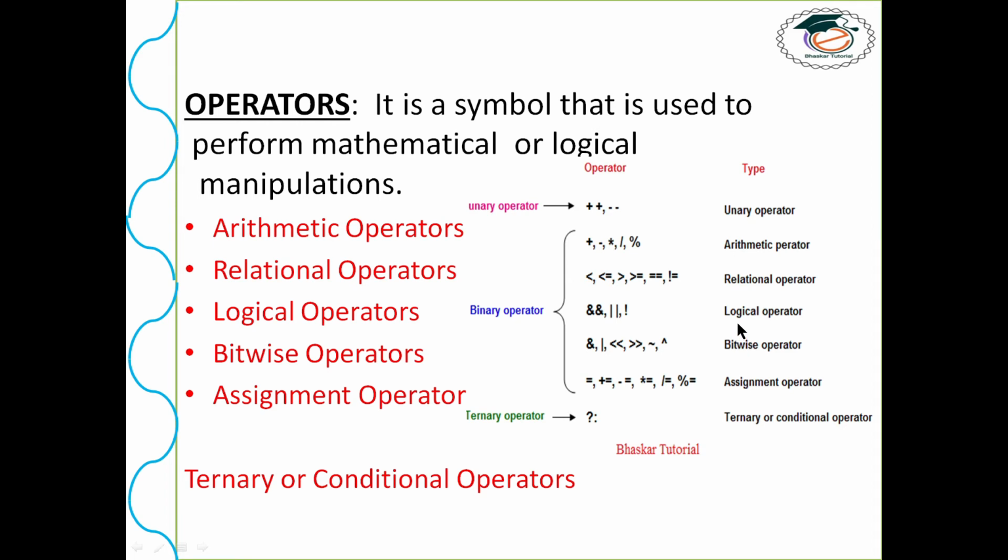You see here in binary: arithmetic, relational, with all the signs there; in logical, all the things are in double, and there is the exclamation sign; in bitwise there are parentheses and many more; and assignment operator. Just have a look and keep a note, or you can screenshot this very clearly, and later on you can write it in your notes.